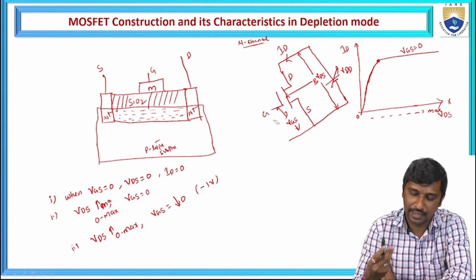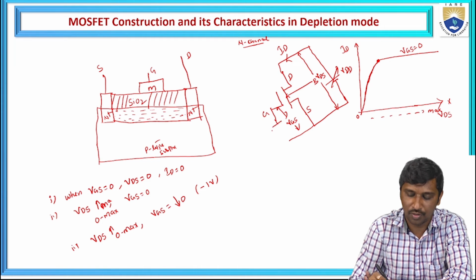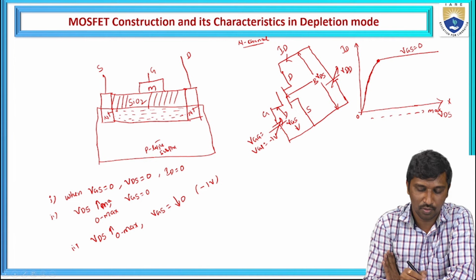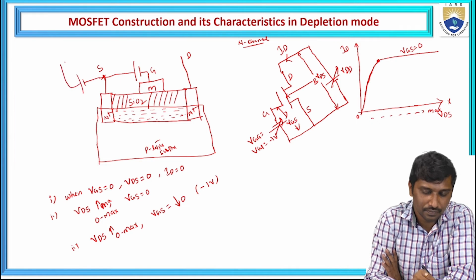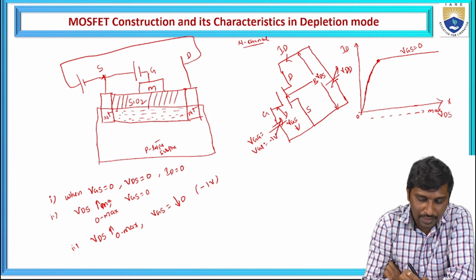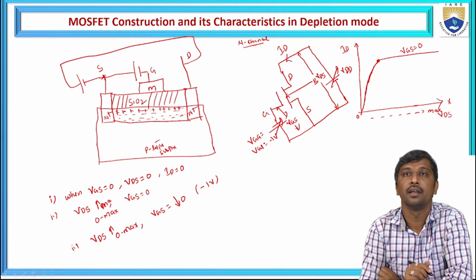Now we need to apply a negative voltage, which means the gate is biased with the negative pole of the battery with respect to the source. I consider this VGG or VGS equal to minus 1 volt. Now, if I apply the negative voltage, it creates a small amount of positive charge in this region.